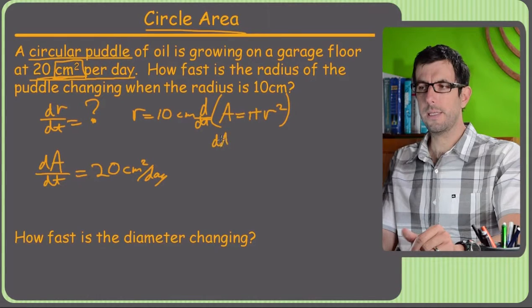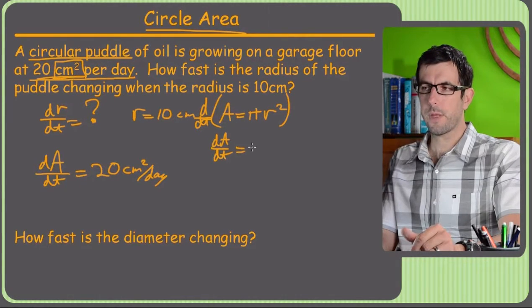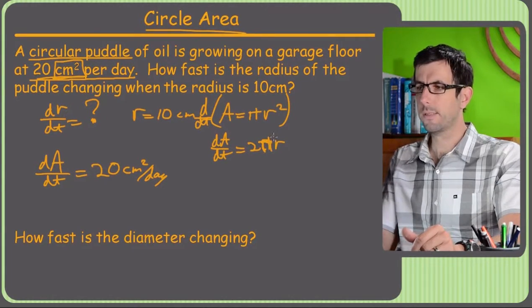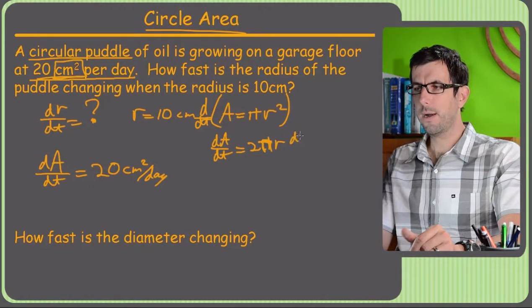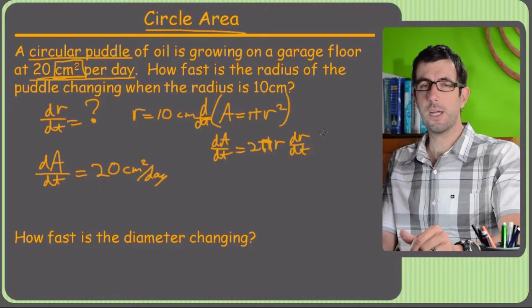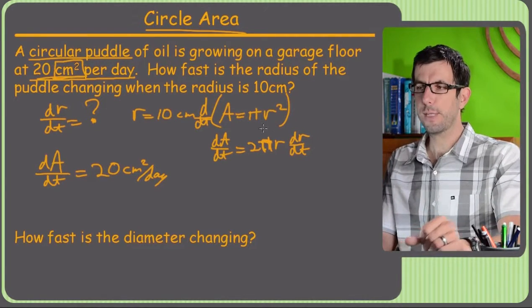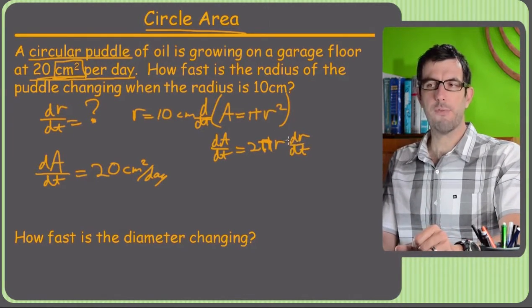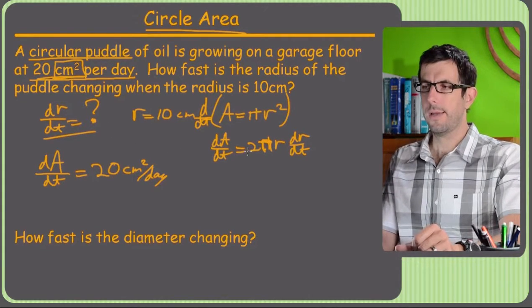We'll get dA/dt equals 2 pi r times dr/dt. Once again, if you forget dr/dt, bad news, you got the problem wrong. Of course, we wouldn't have anything to solve for either, since that's what we're solving for.